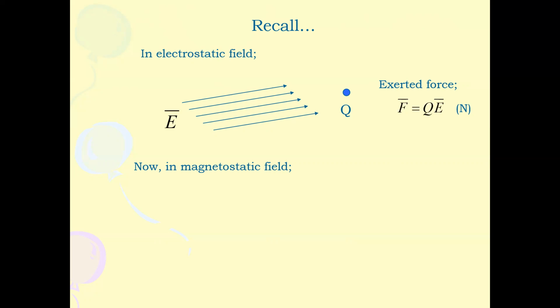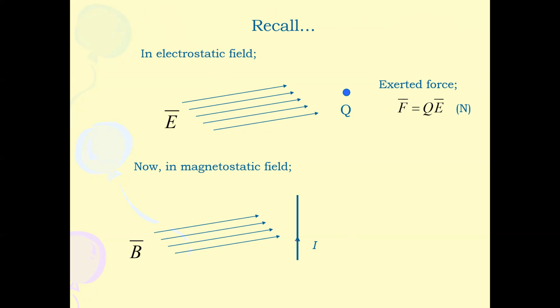The same thing applies in the case of the magnetic field. If we have a current, in this case a filament current I, and the filament current is exerted by the external magnetic field B, and B is also known as the magnetic flux density, which we just learned in the previous lecture 17.